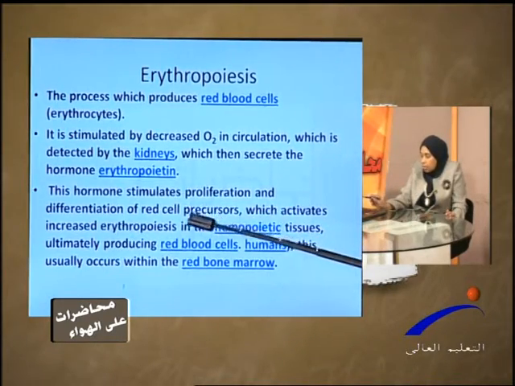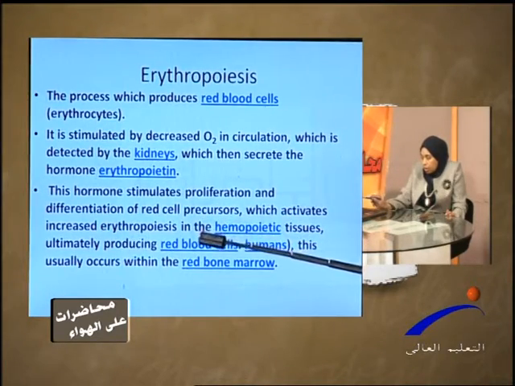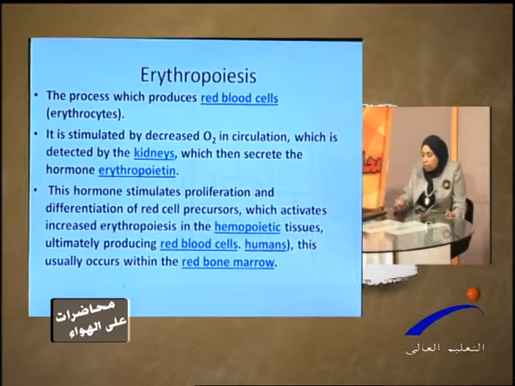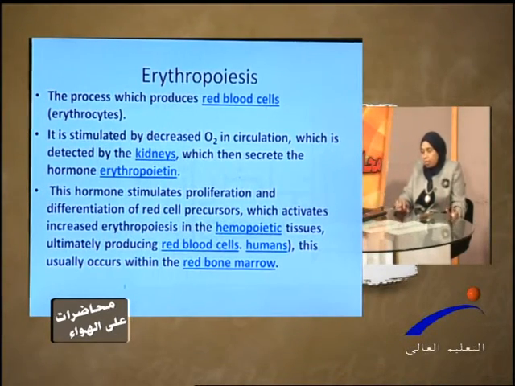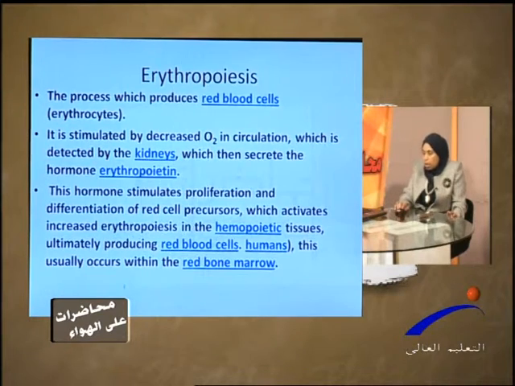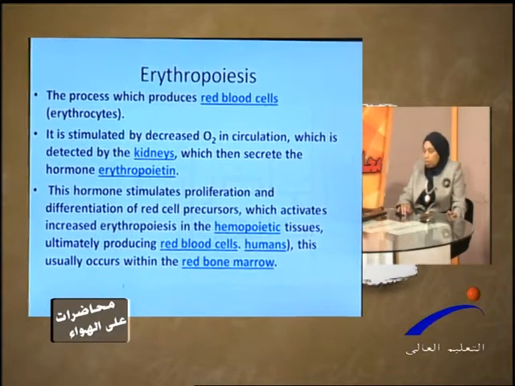They differentiate into red cell precursors, which activate increased erythropoiesis in the hematopoietic tissue and ultimately lead to production of mature red blood cells. So in response to hypoxia, anemia, or decreased oxygen carrying capacity, the kidney releases erythropoietin, which in turn acts on stem cells and commits them to burst forming unit erythroid, and the end product will be mature red blood cells.